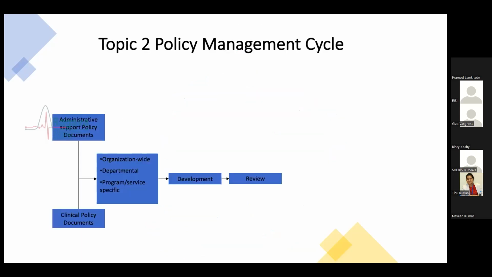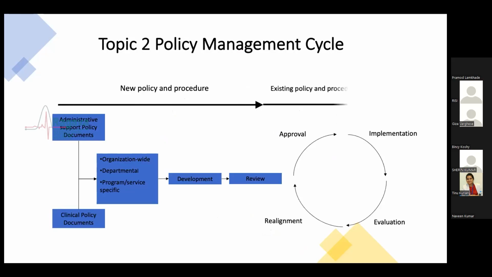So here I will show you our policy management cycle. It is not a mandatory requirement that you should have this categorization, as this is just a proposal for a policy management cycle in your organization. The policy documents can be divided into administrative or support policy documents and clinical documents, since it is a healthcare organization.